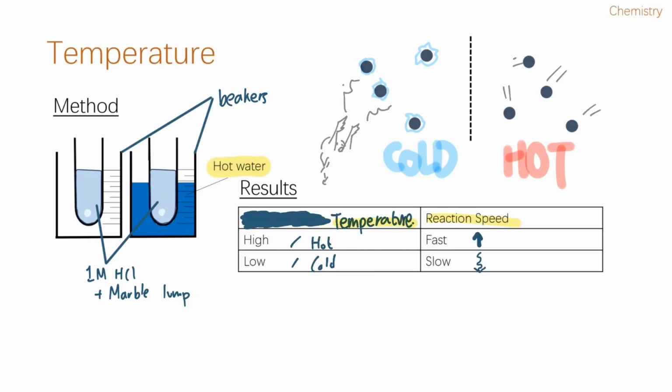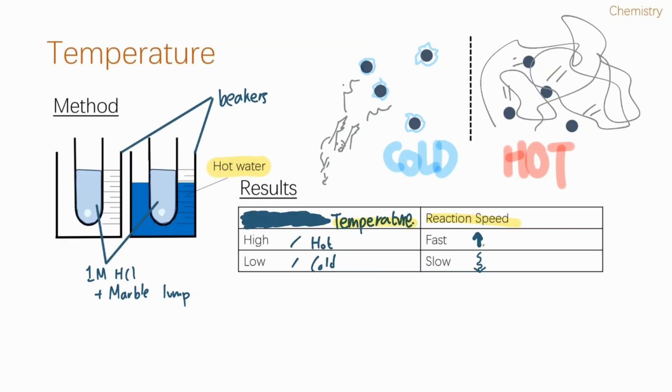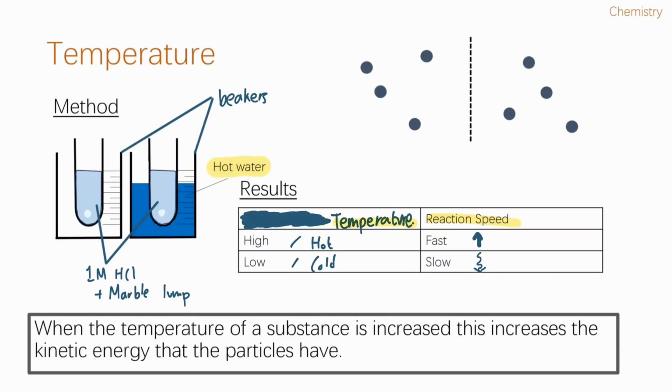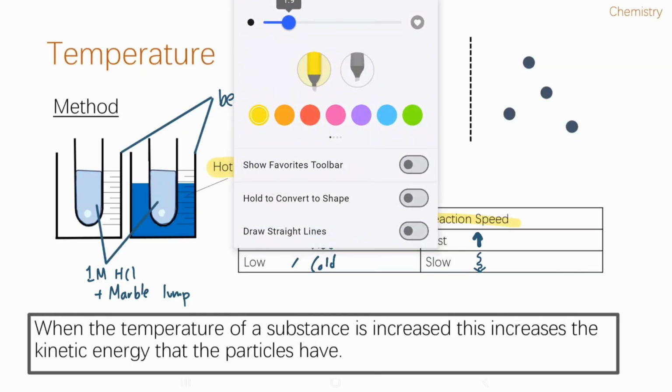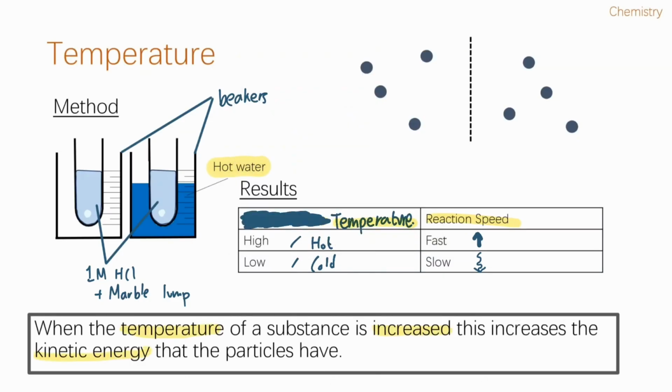So as the temperature gets hot, there's more vigorous, violent movement, so the reaction speed goes up. If they're cold, the particles don't move. When the temperature of a substance is increased, this increases the kinetic energy that the particles have.